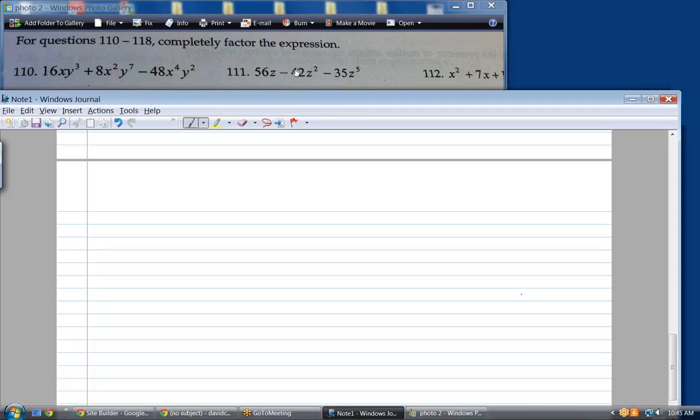I'll give you another hint. Find the only number that divides into 42 and 35 evenly. Three. 3 doesn't divide into 35.